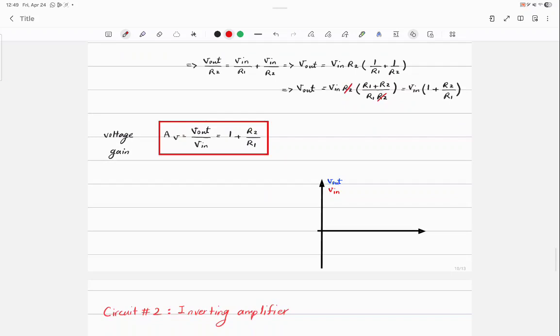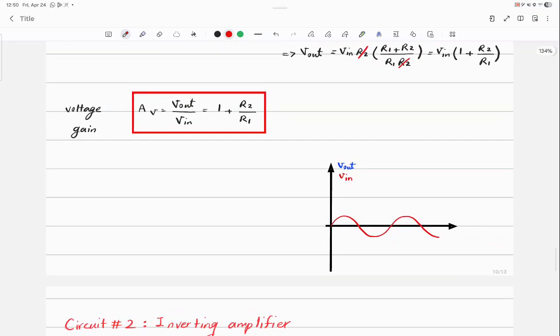And just so you know what it means to have gain, let's just say that the red signal is your input, and let's just say that the gain is equal to, for example, 2.